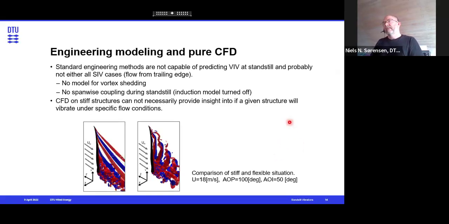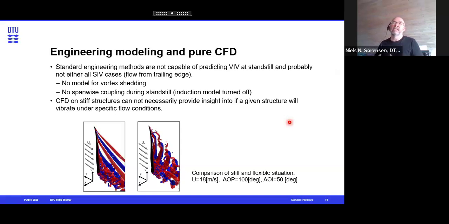Before describing in a bit more detail these methods, we tried something simpler also in the Prestige project originally. And I guess to not much surprise, if you are looking for vortex-induced vibrations with a standard engineering aeroelastic code, you will not succeed.